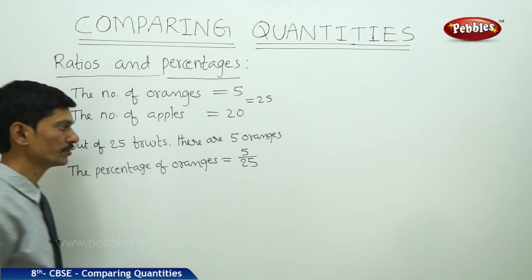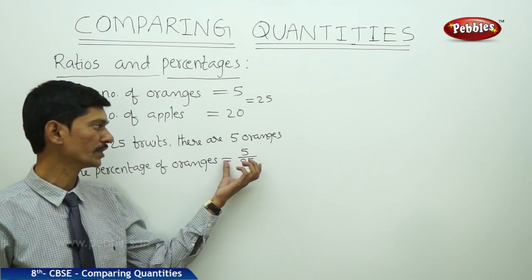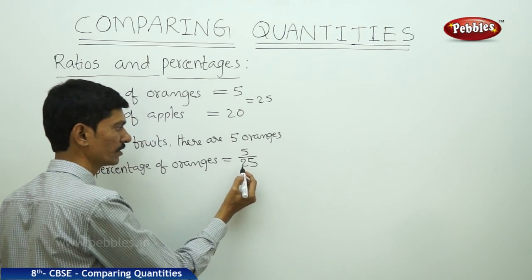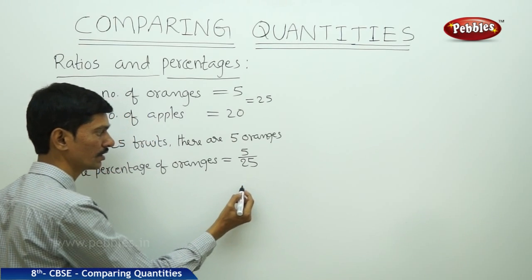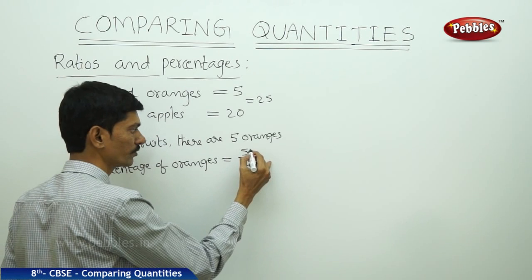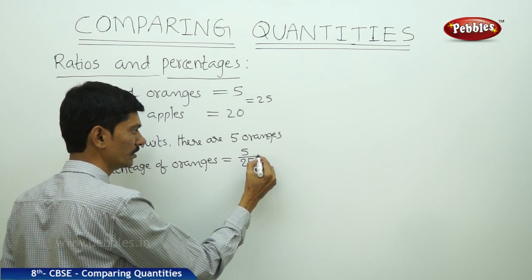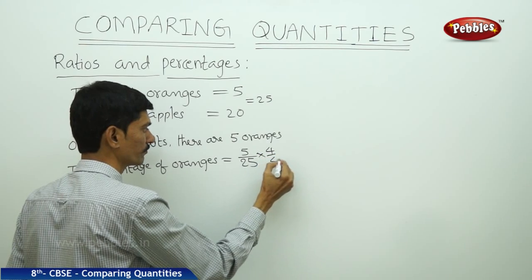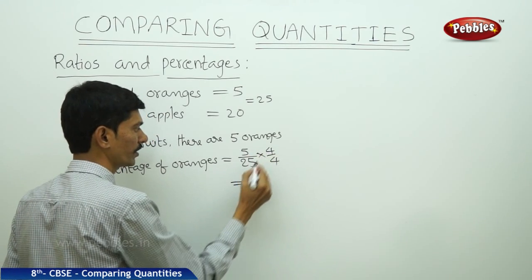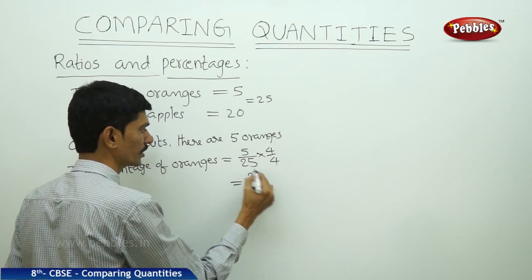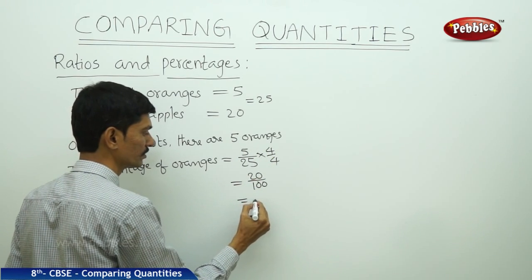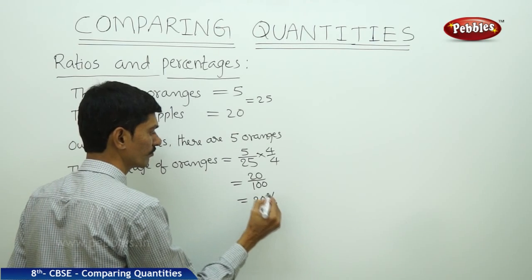25, and if you want to find the percentage, the denominator must be 100. So 25 should be multiplied by 4 to make the denominator 100. So we will multiply both numerator and denominator by 4. So this equals 5 4s are 20 by 25 4s are 100. So this can also be written as 20%.